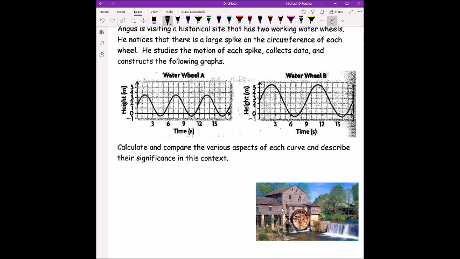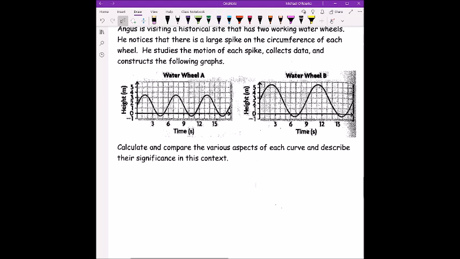The idea is the current of the river pushes the wheel, and then it transfers that power inside.